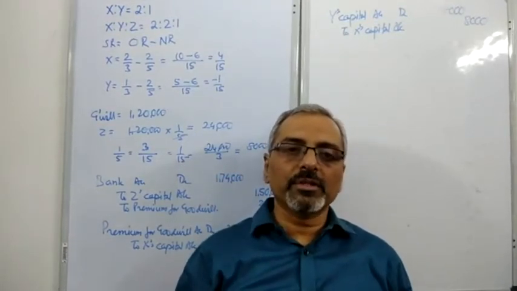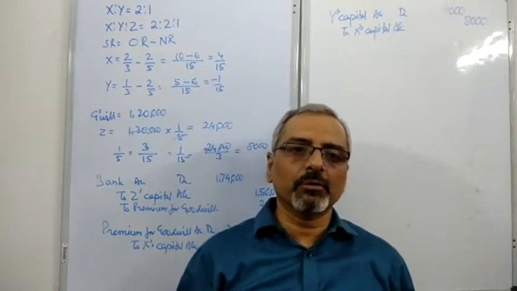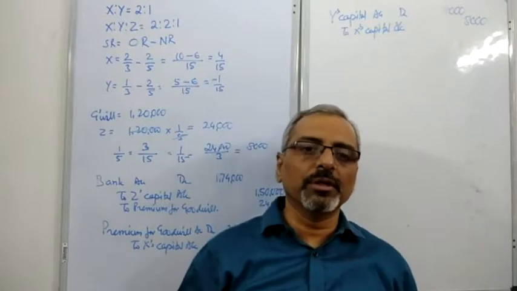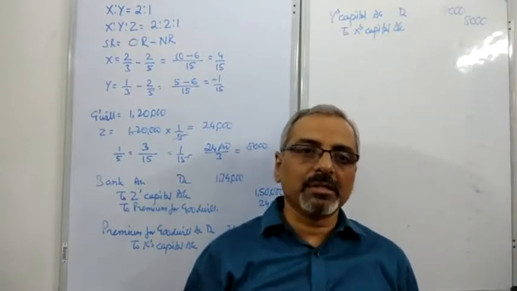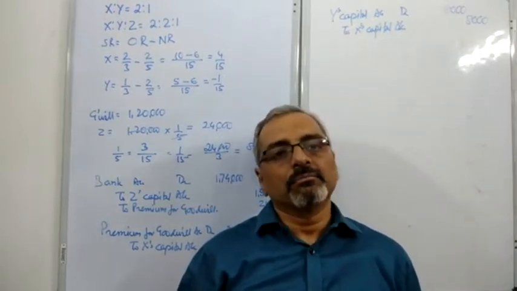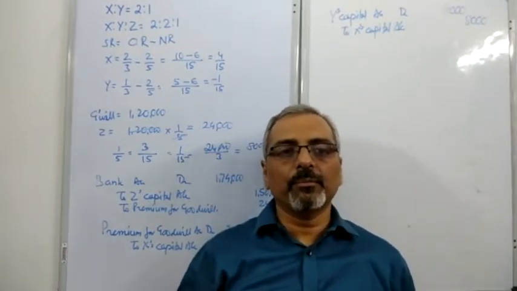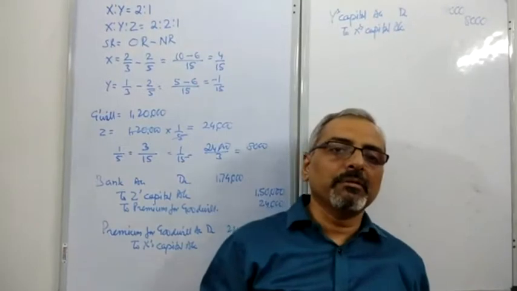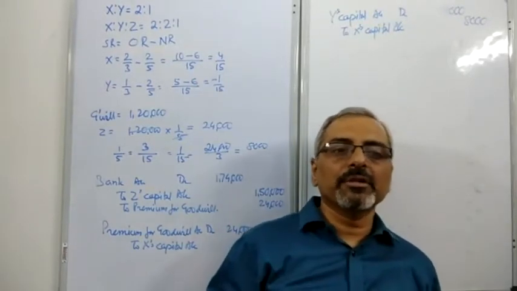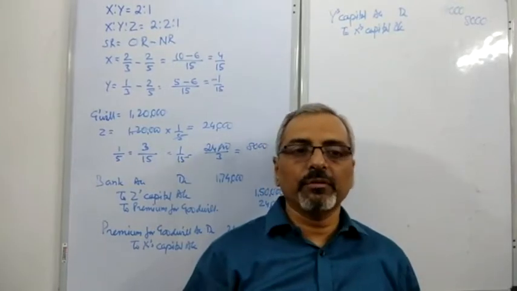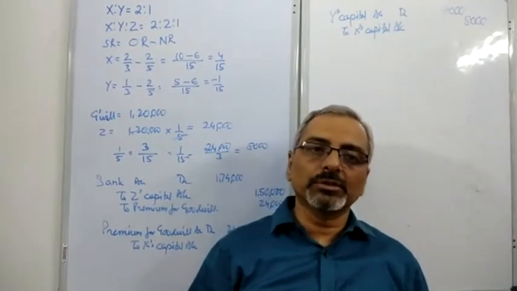The value of investment has actually gone down by 6,000. It is advisable to show this by the help of journal entry. Though the journal entry has not been asked, they have asked us to prepare the revaluation account, capital account and the balance sheet of the firm. But here it is a simple advice that whenever there is an investment fluctuation fund given and there is a revaluation of investment, it is better to show a journal entry for that.